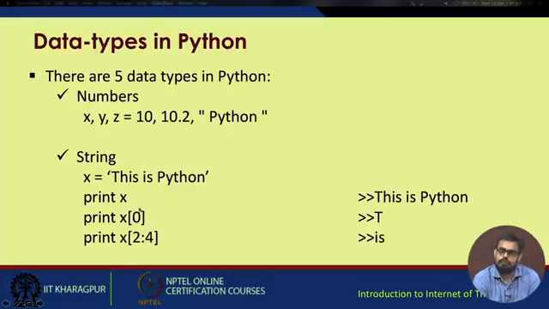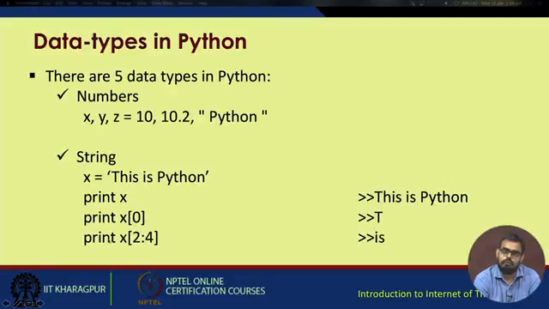Now you want to access, now this x is an array, right? So you want to access the 0th element of x. So you write x within bracket 0. This will give you the very first element, that is the 0th index element, that is t.